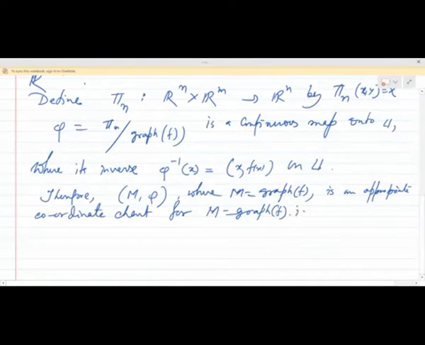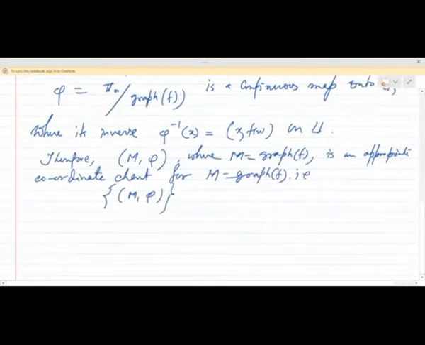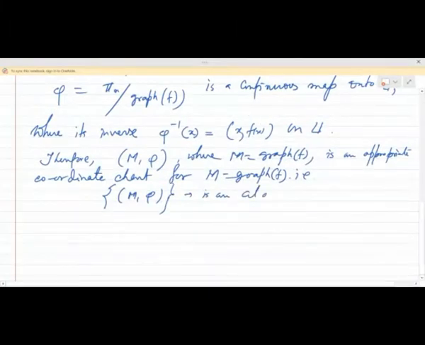That means the singleton set {(M, phi)} is an atlas for the graph of f.